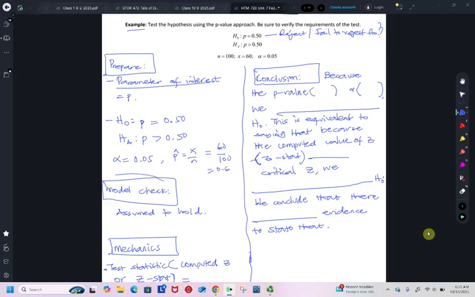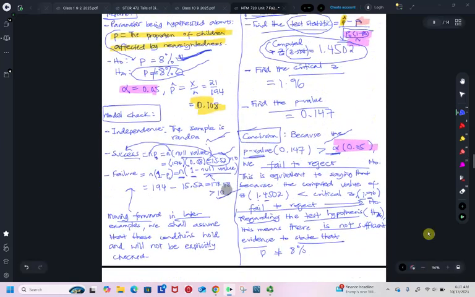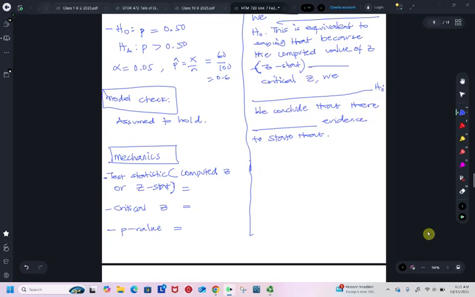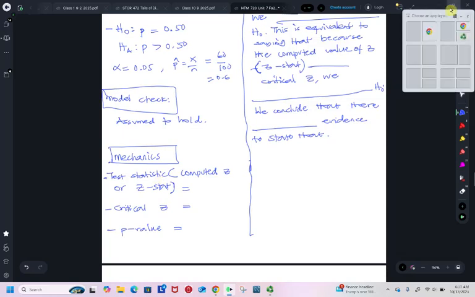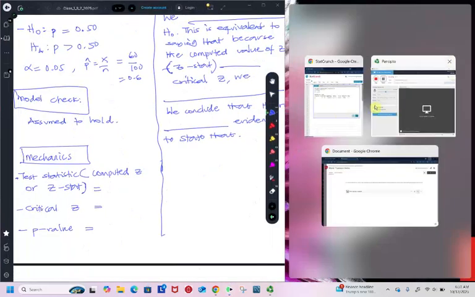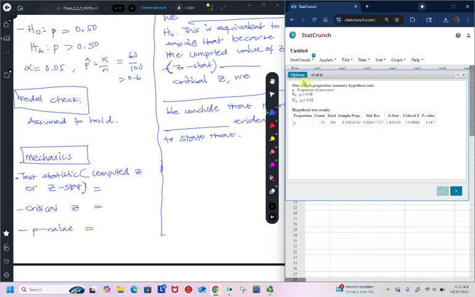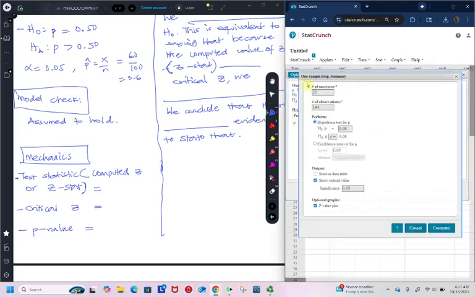For our model check, we assume that the conditions we illustrated in the earlier example, 1, 2, 3, hold true. You're welcome to check that. And we can go into computing the mechanics to find the test statistic. So I'm going to go again back to StatCrunch. And in StatCrunch, I am simply going to go to Options and Edit.